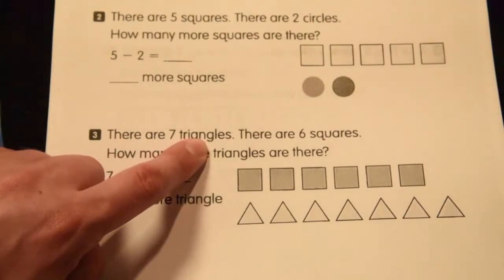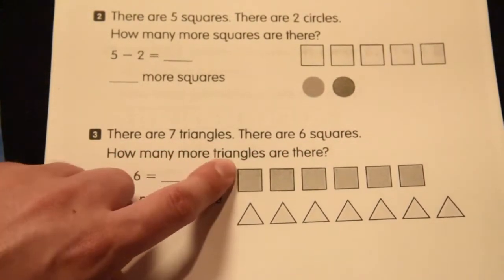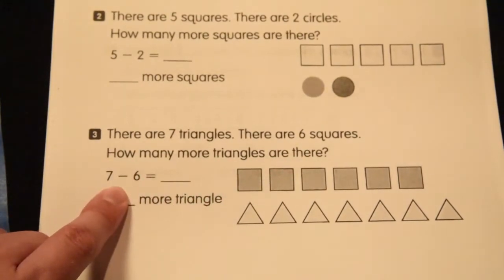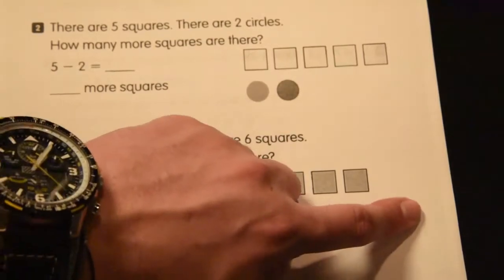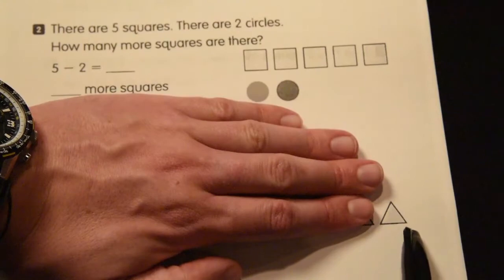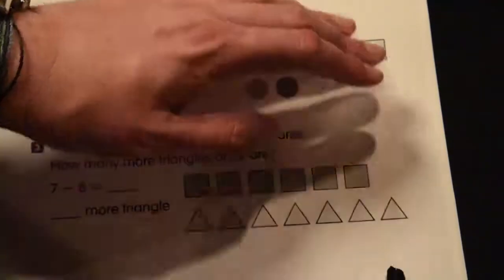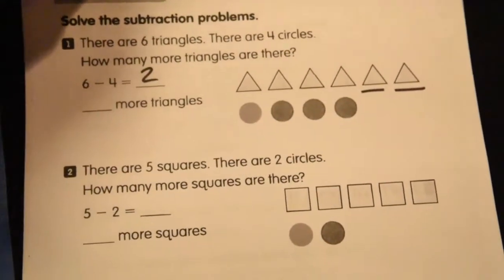There are 7 triangles. There are 6 squares. How many more triangles are there? So 7, take away 6. And that's the answer here and here. And that's going to continue.